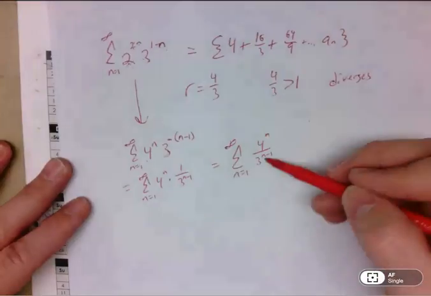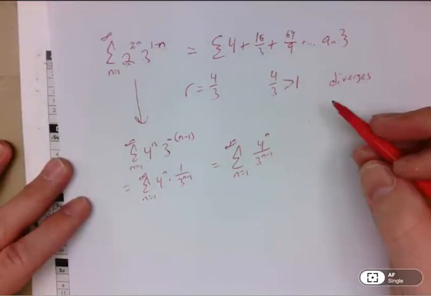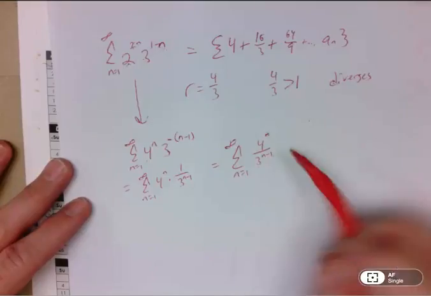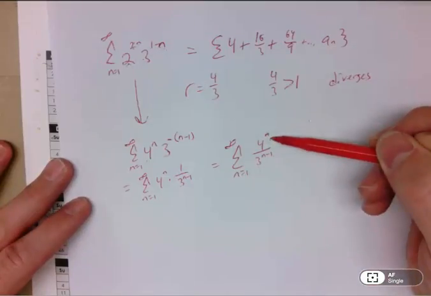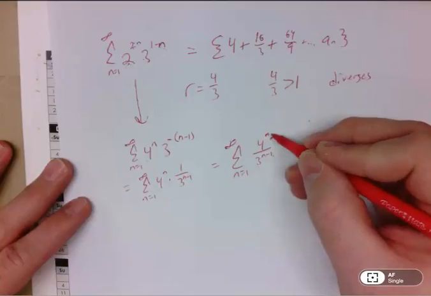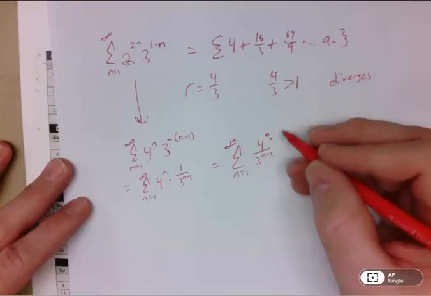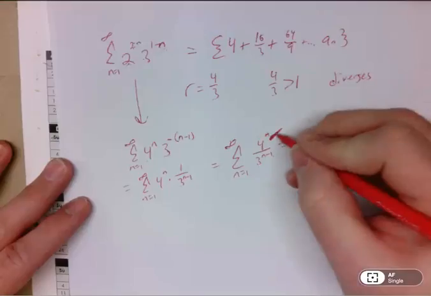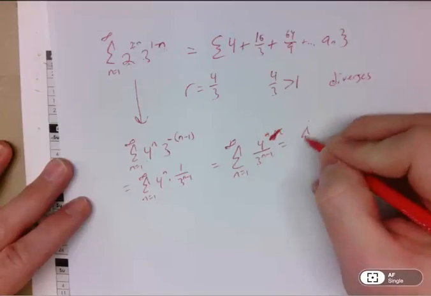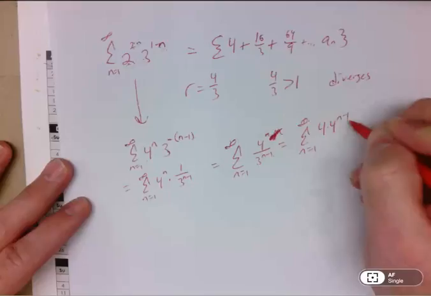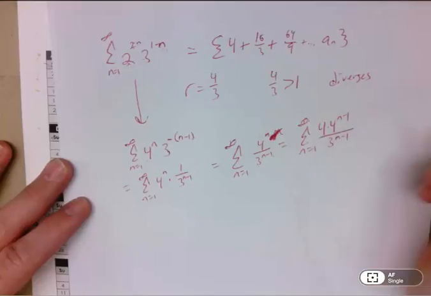Obviously, these powers being different doesn't really help me to come up with that common ratio. You see how this is 4 to the n and this is 3 to the n minus 1? It's almost like this has an extra term in it to get me all the way up to n instead of n minus 1. I really want the term before this. So if I do this, I can actually pull out a 4. 4 times 4 to the n minus 1 over 3 to the n minus 1.